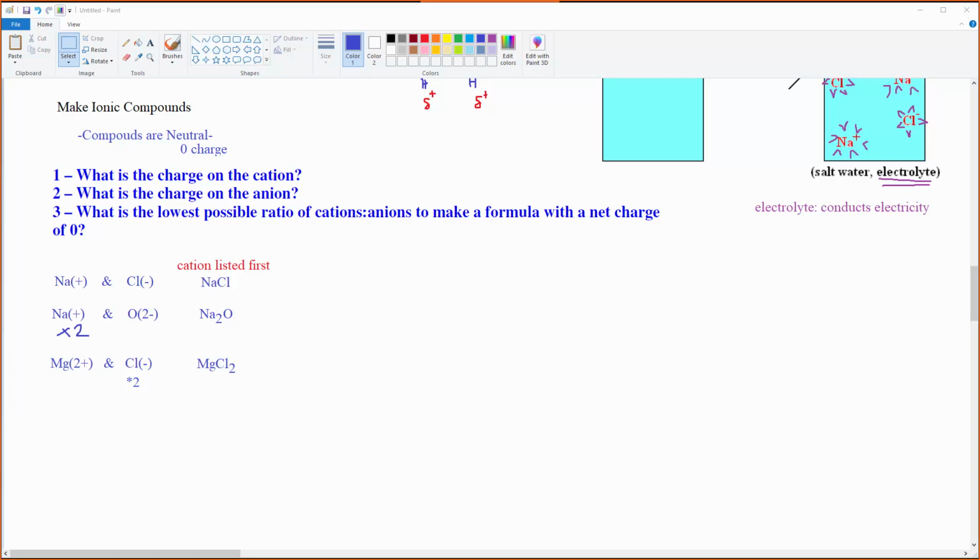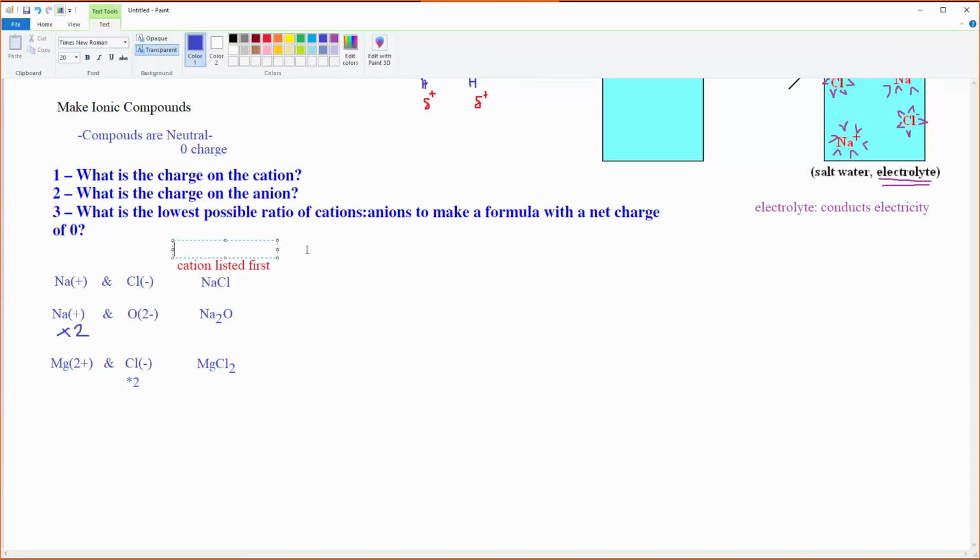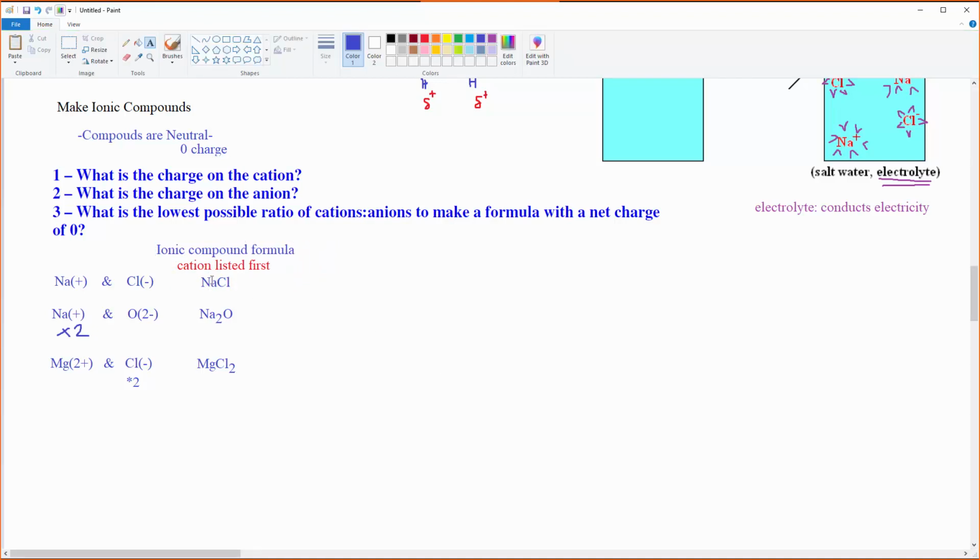All right. Note here in the formula for the ionic compound that I'm showing here, I never show the charge of the ion. I just say it's NaCl. And you know and I know that that's an ionic compound because I've got a metal, sodium, with a non-metal, chlorine.